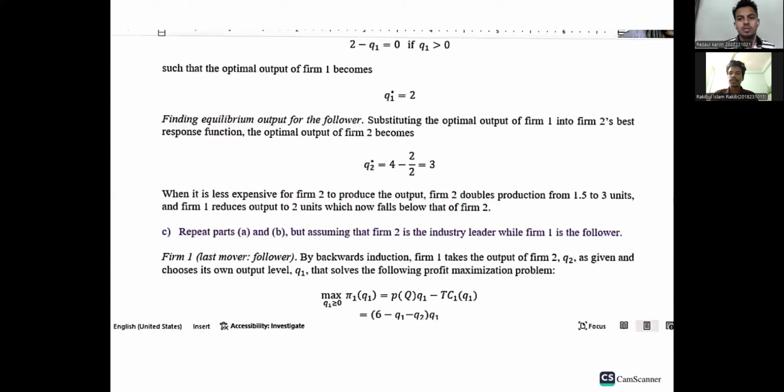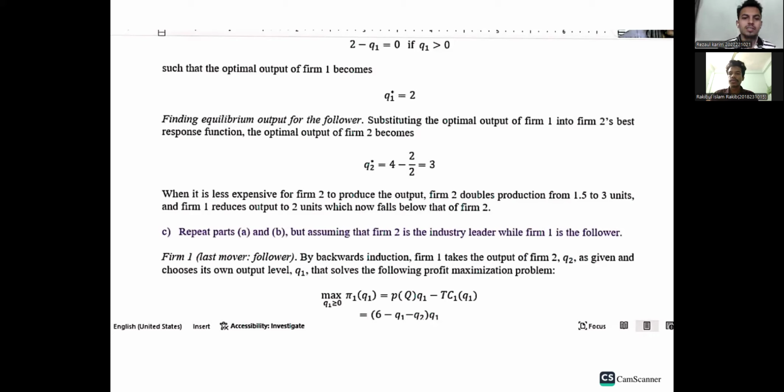Substituting this optimal farm 1 output into farm 2's response, the optimal output of farm 2 becomes Q2 star equal to 4 minus 2 by 2, equal to 3.